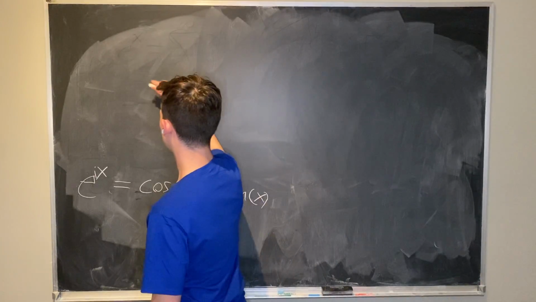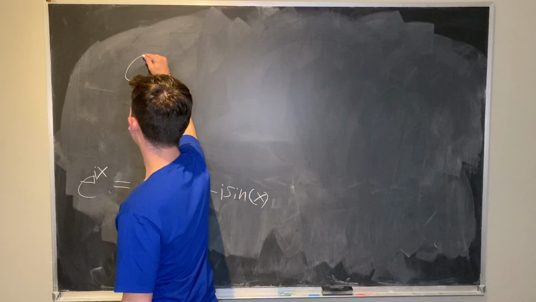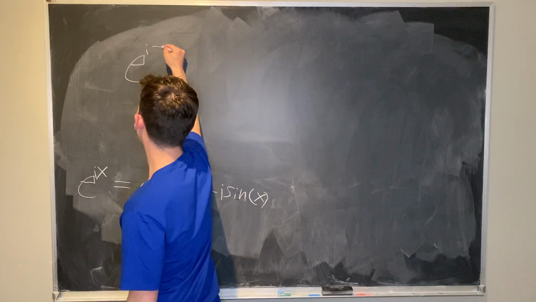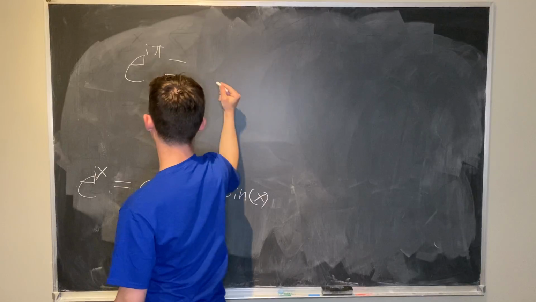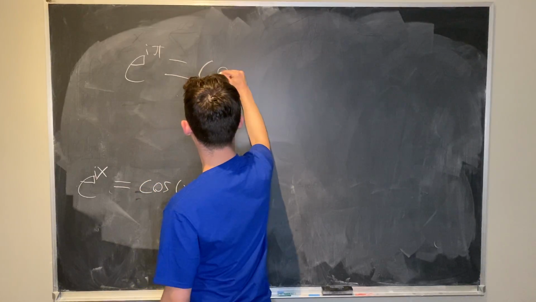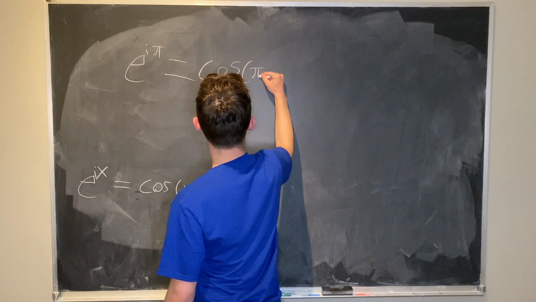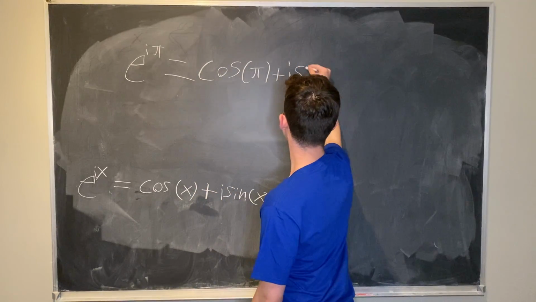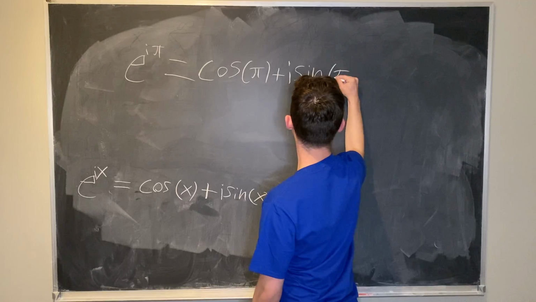Alright, so we can then plug in pi for x. So e to the i pi is equal to cosine of pi, which is trivial, plus i times the sine of pi, also trivial.